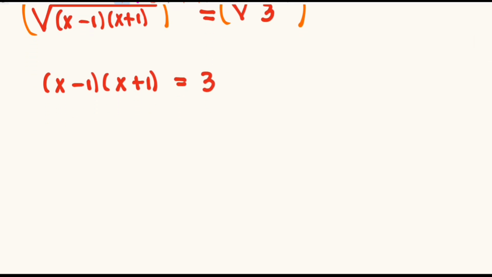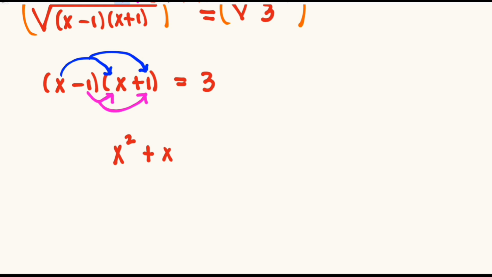And we can notice that we have a result of the difference of two squares. But if you didn't notice, we distribute the x first inside the other parenthesis, and the x multiplied by the x will be equal to x squared. X multiplied by 1 will be equal to positive x. We distribute the negative 1 inside the other parenthesis.